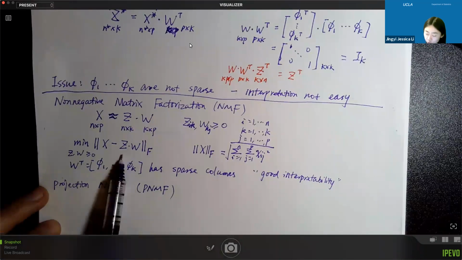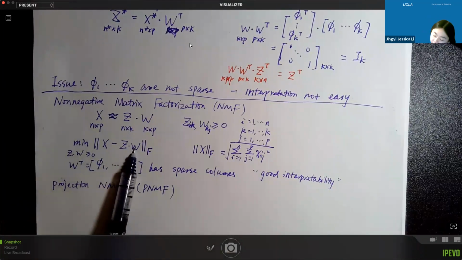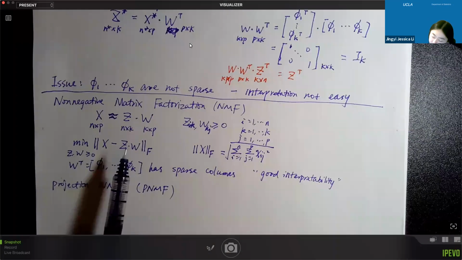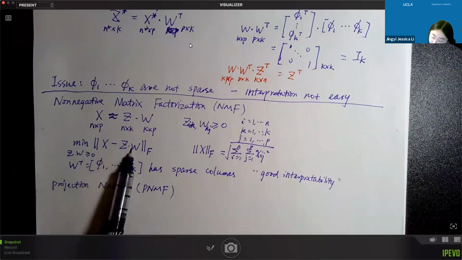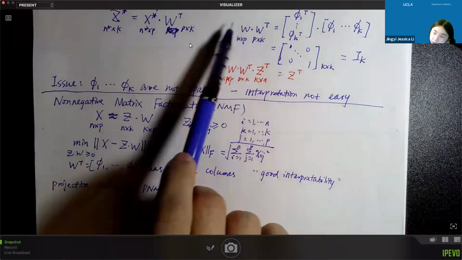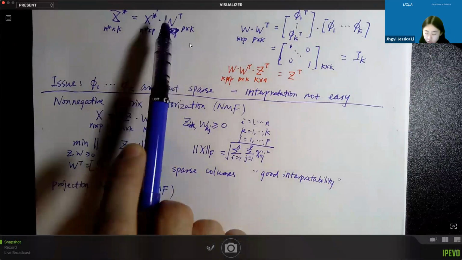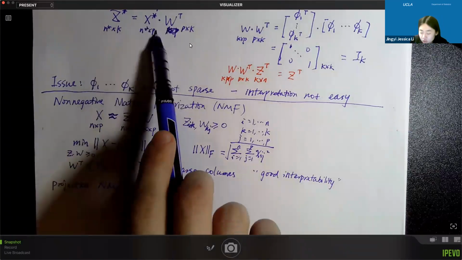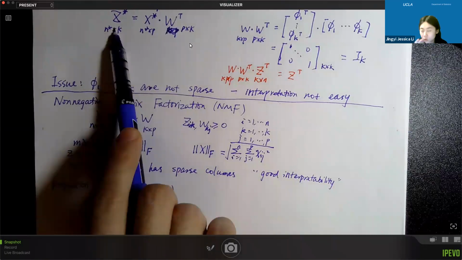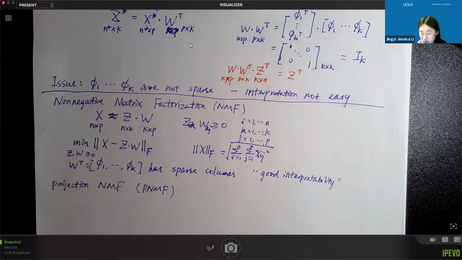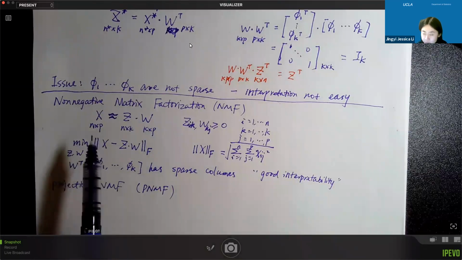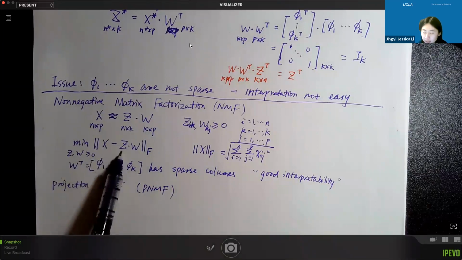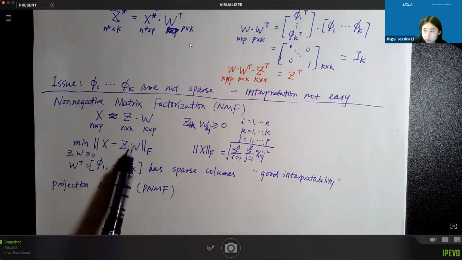If we just do the regular NMF, you see that unlike PCA, where the only matrix we need to find is W, because with W we can just do X times W transpose and get Z, we don't need to compute Z specifically. We just need a loading matrix. But in NMF, we need to find both Z and W, with the non-negative constraint.